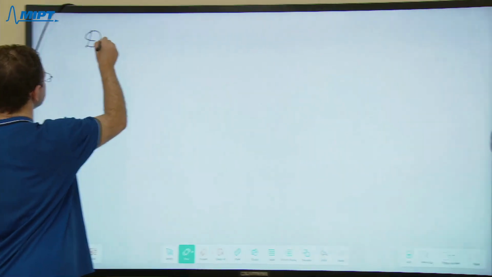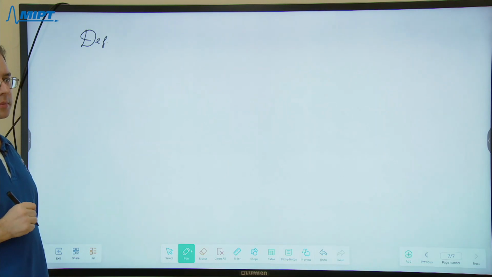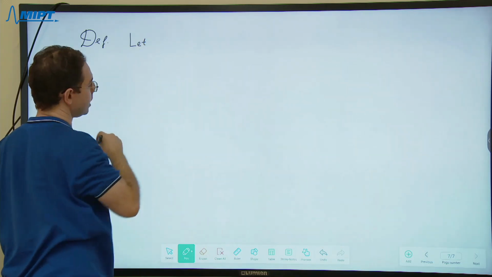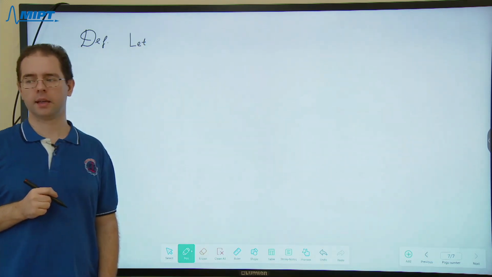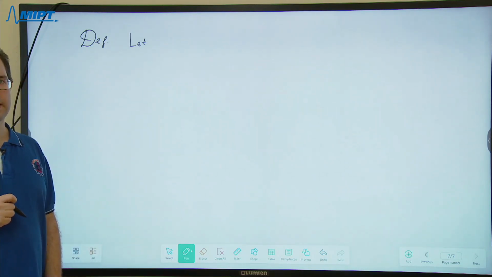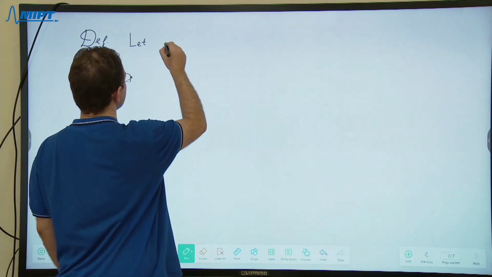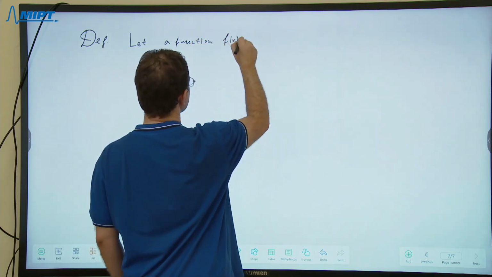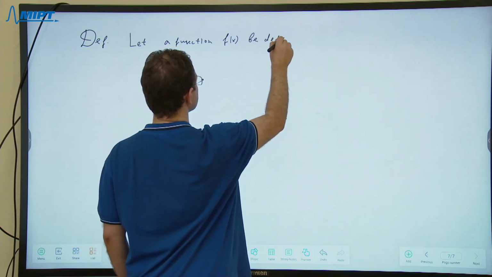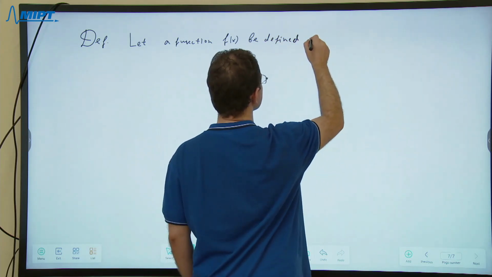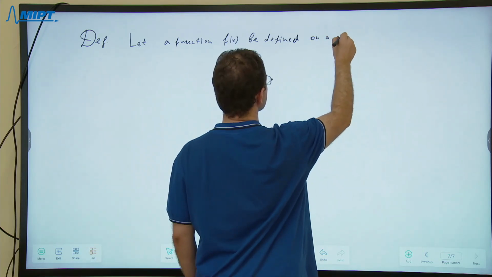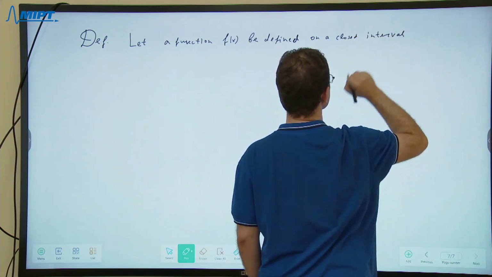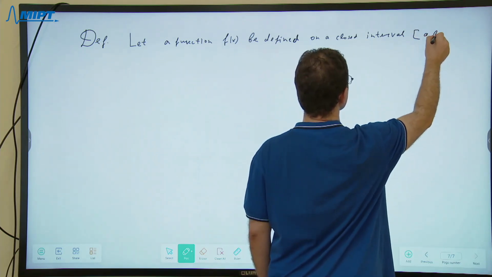Definition. Let a function f of x be defined on a closed interval.